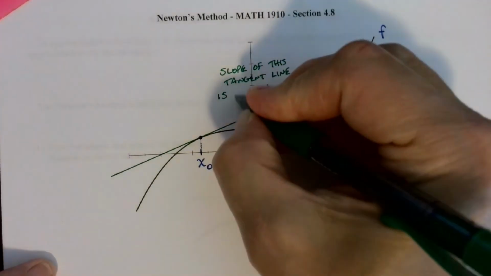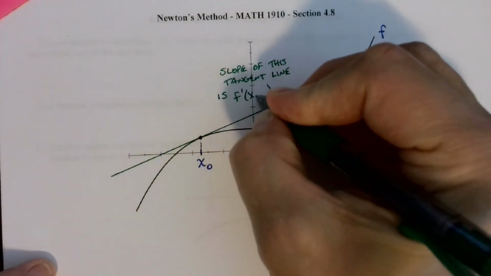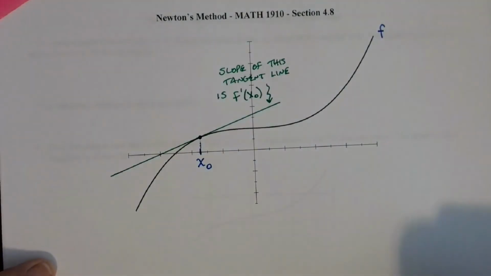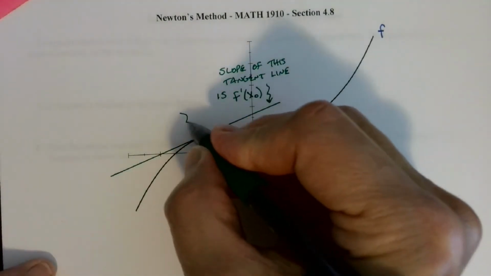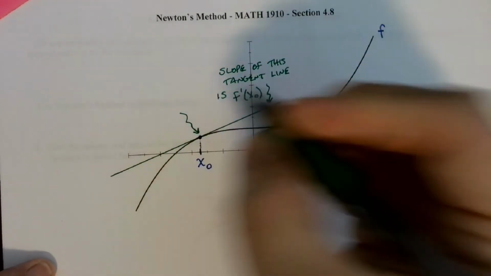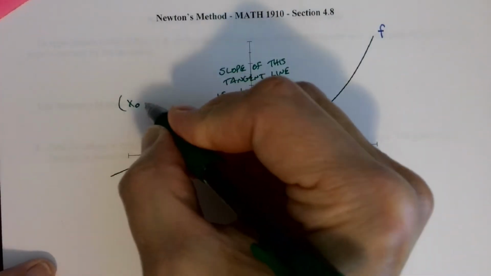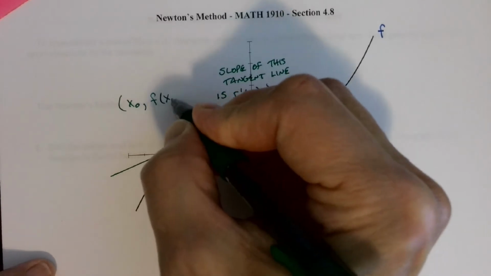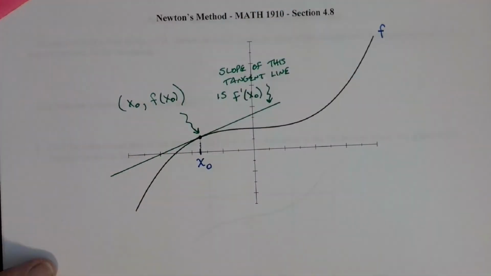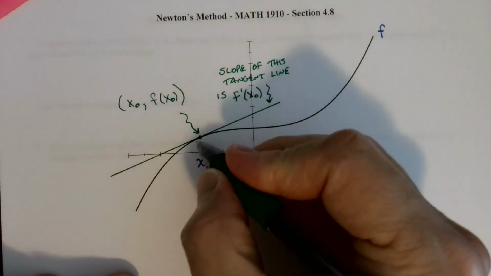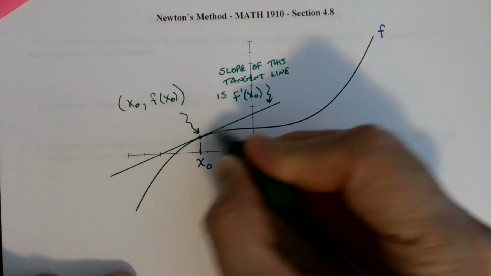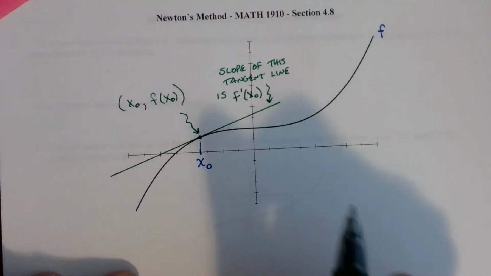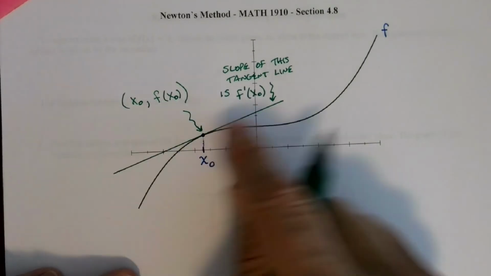So it's literally f prime of x sub 0, right? That is the slope of that tangent line. And furthermore, I know the point here is the point x sub 0 comma f of x sub 0. Right? We know that. Again, input, output. And so we know that point, we know the slope, assuming again we know the function, we can find the derivative and get the slope of that line.